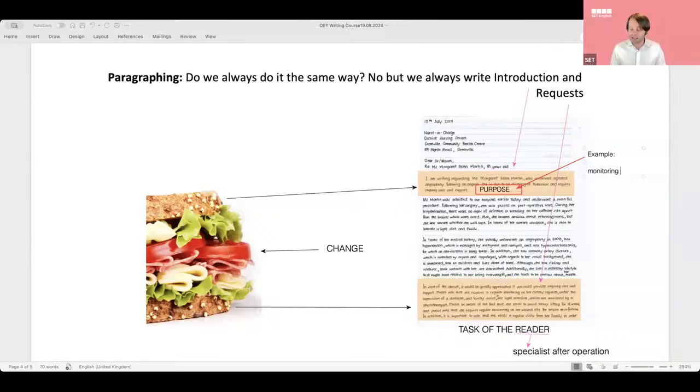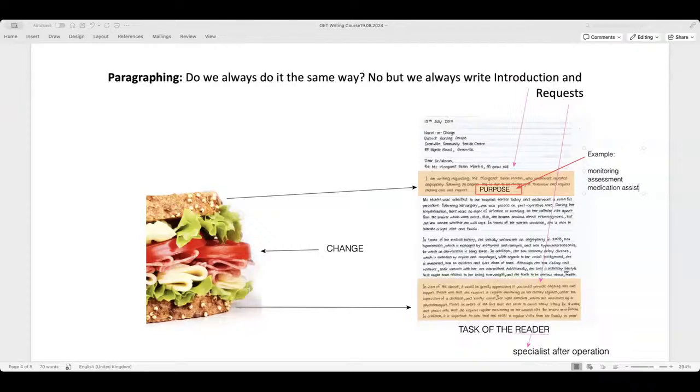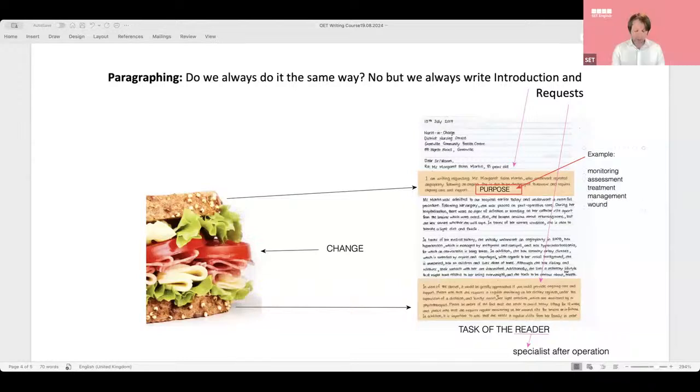Fantastic. It could be assessment, right? Guys, give me some examples, everyone now. Monitoring, assessment, medication, assistance, ongoing procedure, treatment, could be management. Care, yes. Wound care, very common for nurses, right? Okay, so you've got to have that here, according to OET.